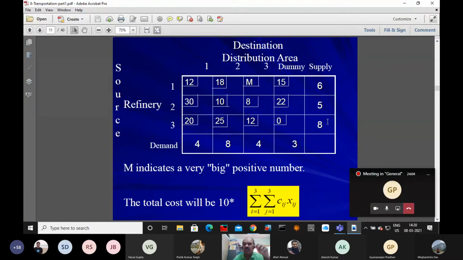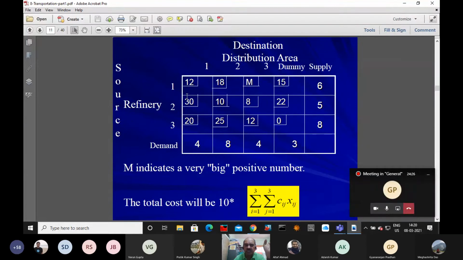Now if it is given 6, 5, 8, then it is 19 supply, and the demand is 4 plus 8 plus 4 plus 3, that is also 19. The first problem and second problem both are balanced. What is the difference?